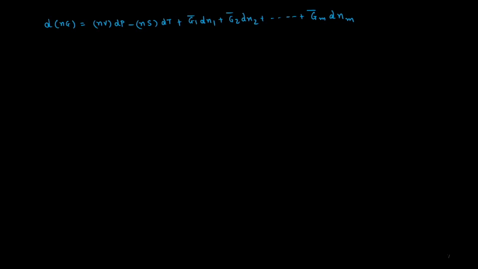And partial molar Gibbs free energy is a quantity that appears so often in chemical engineering thermodynamics. We will give it a special name. We're going to call this partial molar Gibbs free energy as chemical potential.